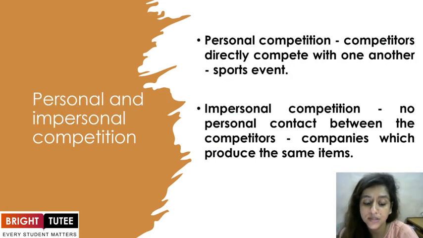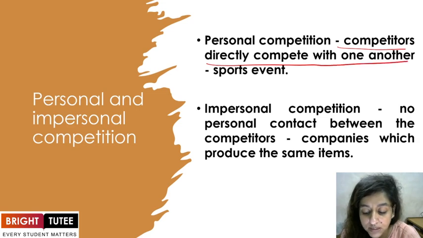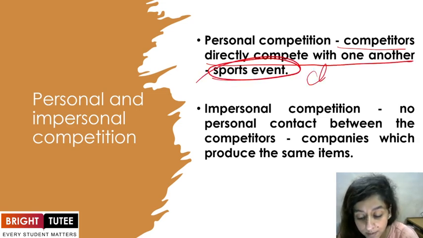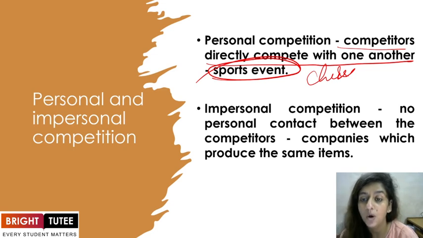Moving on to personal and impersonal, very much clear from the names as well. Personal competitors are directly competing with one another. For example, a sports event. If you are playing a game of chess, you are directly competing with the other person. That is how it is personal competition.